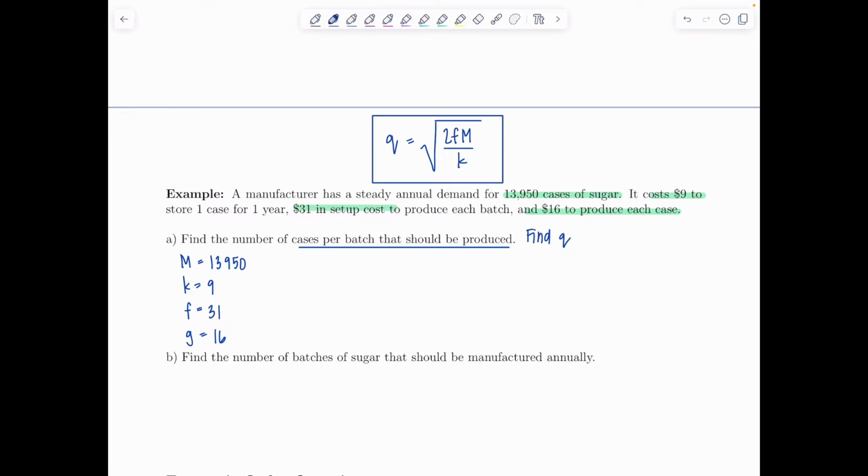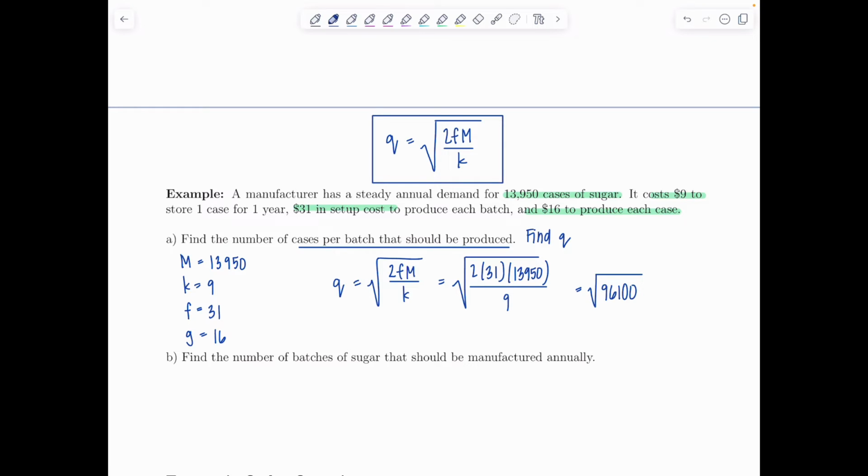Okay, so I don't need little g to find Q. Just look up above. Q is the square root of 2FM over K. So they gave me more info than I needed for part A. So Q is going to be the square root of 2 times 31 times 13,950 divided by 9, which is the square root of 96,100.